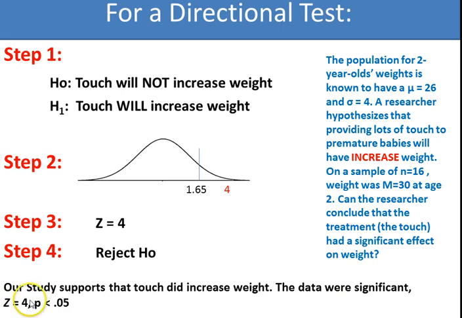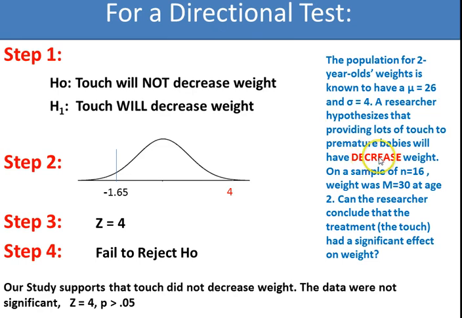Again, the 4 is a low probability outcome, a probability less than our alpha, and so we would write probability less than our alpha to indicate that this is a statistically significant outcome, that the probability that there was no effect was lower than alpha, and therefore we rejected the null hypothesis and conclude that touch did have an effect on weight, or in this case, touch did increase weight.